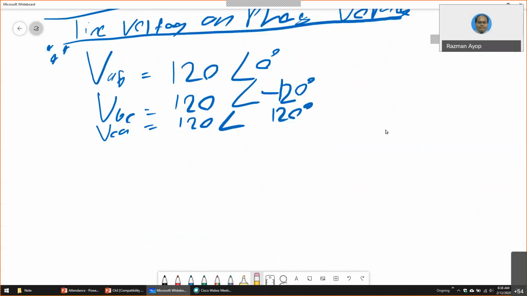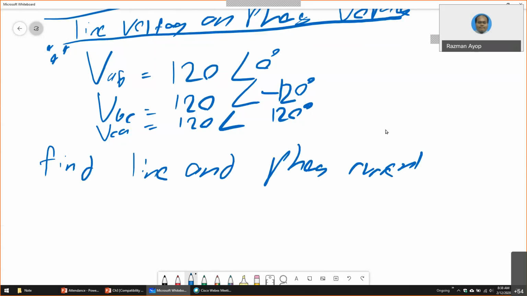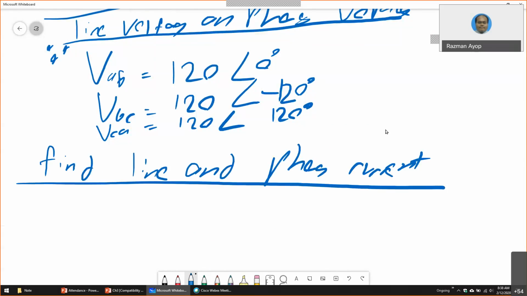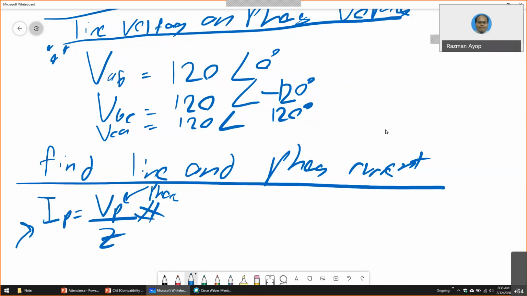And then the next question is, for example, find line and phase current. So how to find current? Basically, remember the formula: I phase equals V phase divided by Z. Make sure it is phase.